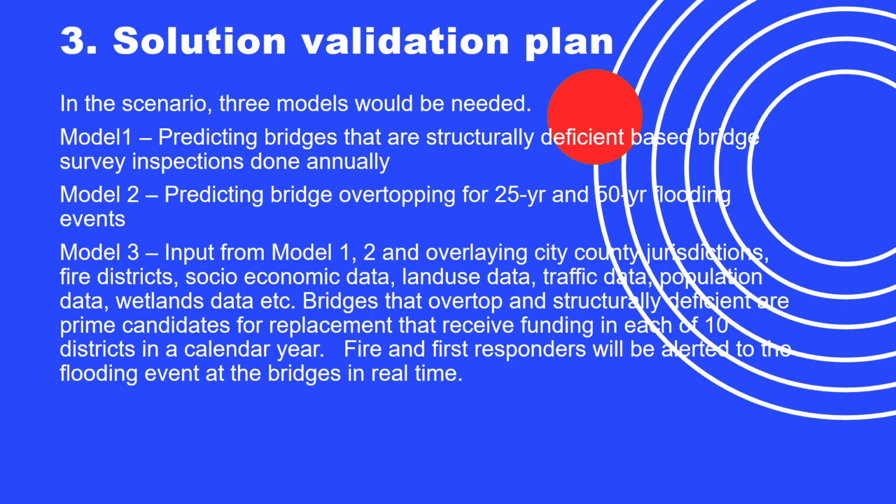Model two predicts bridge overtopping on a given 25-year or 50-year rainfall event, and the third one takes the first model and the second, and overlays your local GIS data, land use data, population density, bridges data, and fire and first responders information, so that when an event happens, alerts will be sent out to the local EMS services also. That's part of the solution.